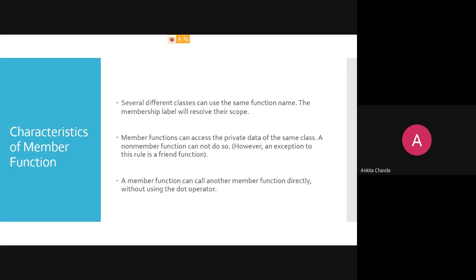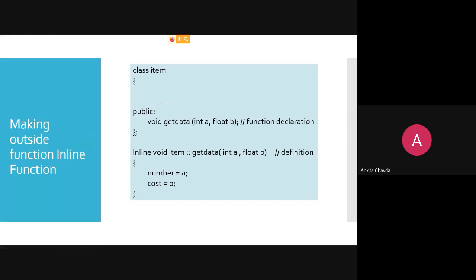A member function can call another member function directly without using the dot operator. This is called nesting of functions, which is our next topic. Here, making the function outside as an inline function: you have seen the inline function topic, but that was in the third unit where we did not have the concept of class and object.